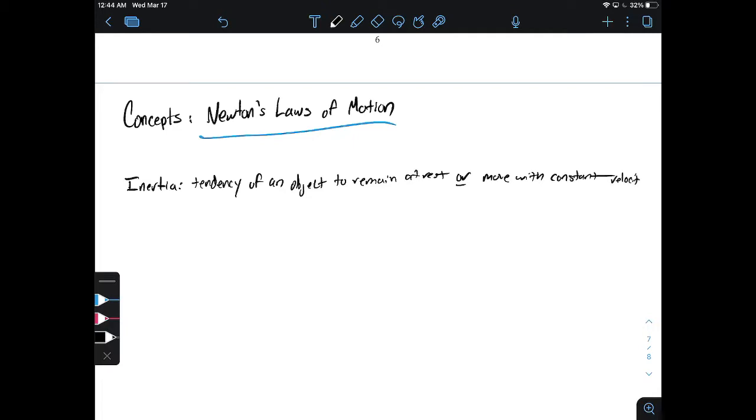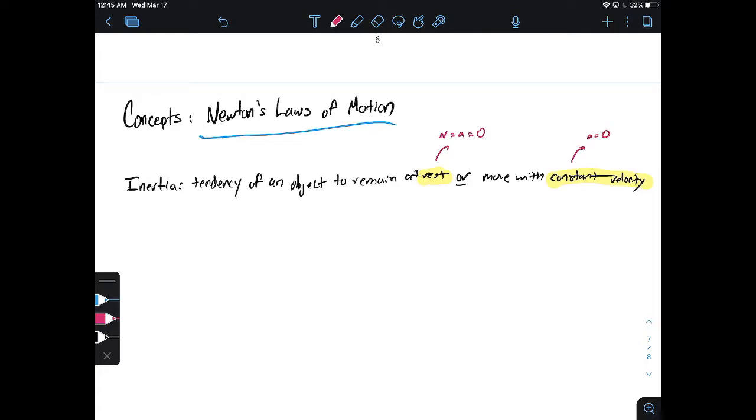I'll try to squeeze it in. Okay, so keywords here, we've got rest, we've got constant velocity. So if it's at rest, we can say that both the velocity and the acceleration are zero. And if it's at a constant velocity, we can say that the acceleration is zero.